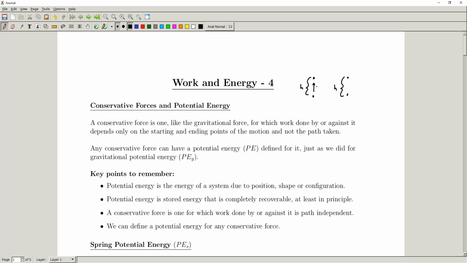In the first case we took this direct path, in the second case we take this crazy curly path, and we find that in the end we have the same gravitational potential energy stored in the system, regardless of how we made this trip, right? Both of these resulted in the same gravitational potential energy. And that's just telling us that our gravitational force is a conservative force.